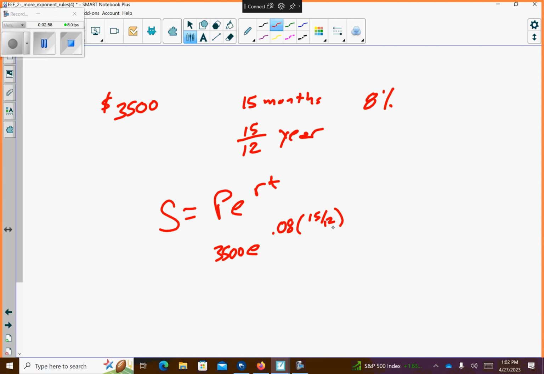And so this one is $3,868.10, rounded to the nearest penny. Basically, you're lending money to a friend, and you're making $318.10 off your friend.